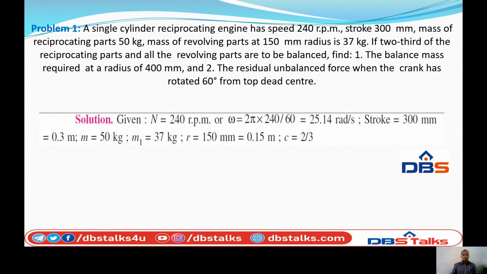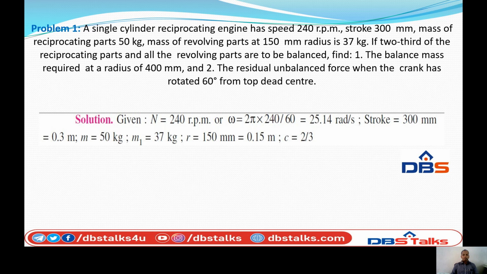So from the given data, what we have to note down: N is equal to 240 rpm and omega is equal to 2 pi N by 60, so 25.14 radians per second. Then stroke is 300 mm and the mass of the reciprocating parts is 50 kg.